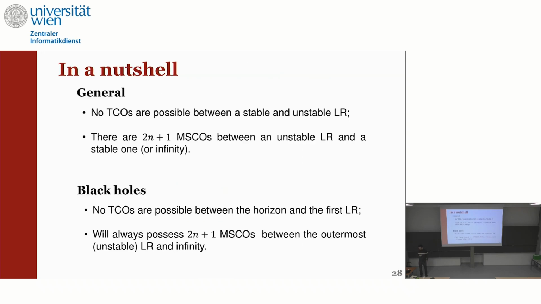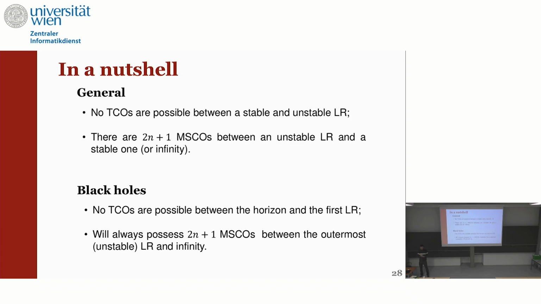So now, in a nutshell, what I said is that there are no time-like circular orbits between a stable and an unstable light ring, and there will always be an odd number of marginally stable circular orbits between an unstable light ring and a stable one, or infinity.